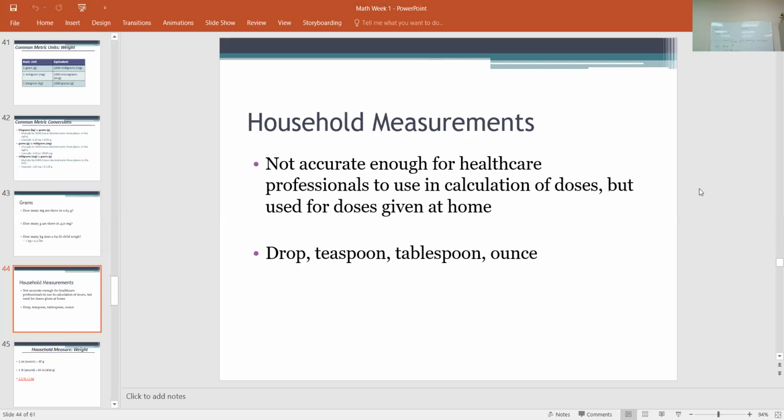But we dose by telling people to take so many teaspoons. And we make the conversion. So we actually calculate how much volume of drug the patient's going to get in milliliters, and then we give them the instructions in teaspoons.